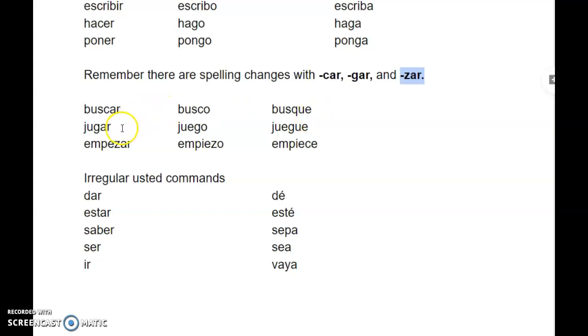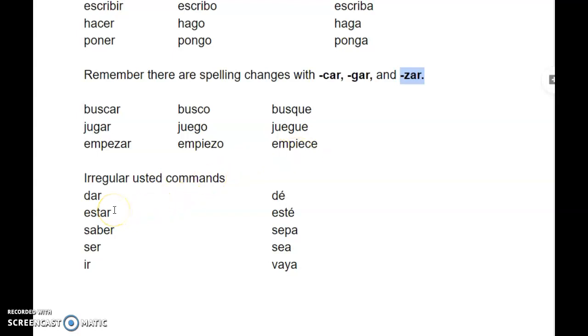Jugar, juego is my yo form, and because I'm going to be adding the E on, since it's an AR verb, it's juegue. Empezar, and then empiezo, and again, because I'm adding an E to this ending, I change that Z to a C, empiece.